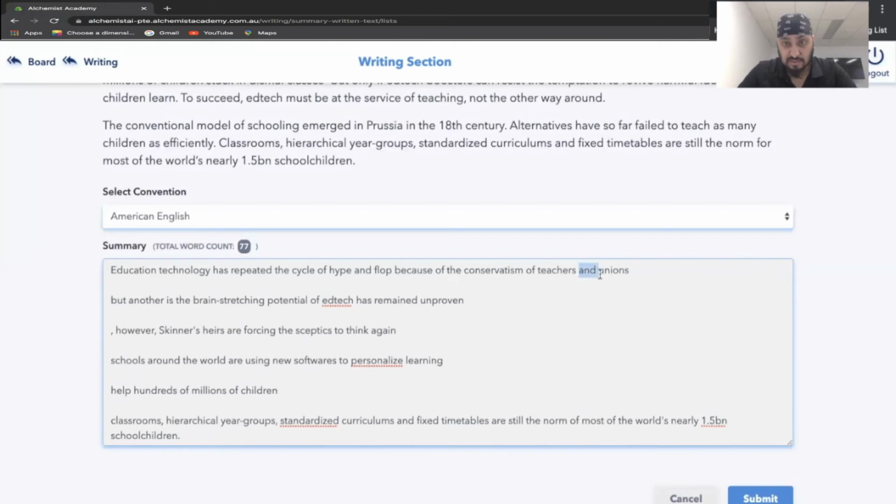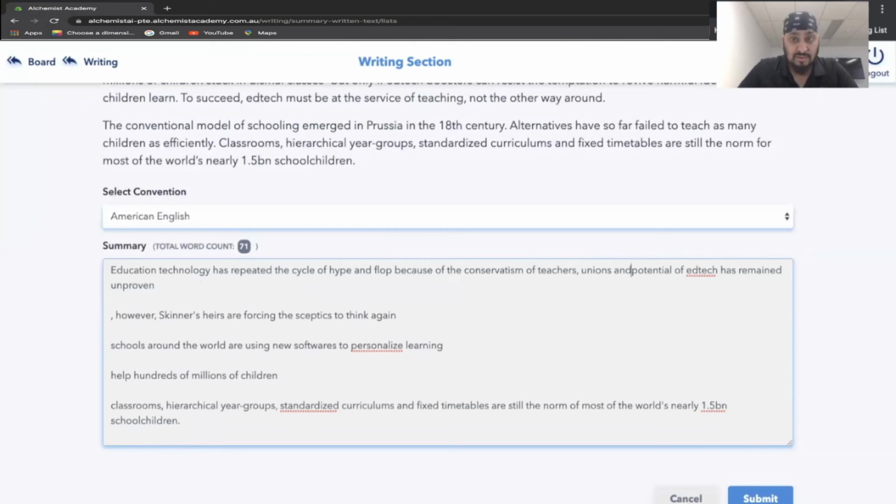Let's just change this into one sentence, and the potential of edtech remaining unproven, instead of remained, remaining unproven.